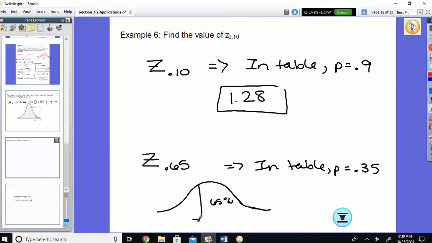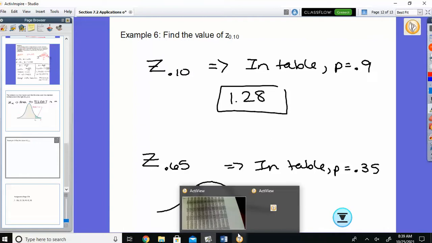And you're trying to find the z value that makes that happen. So when you go to as close as we can get to 0.35, so I've got 0.3520 and 0.3483, so 0.3483 is closer. That's negative 0.39.